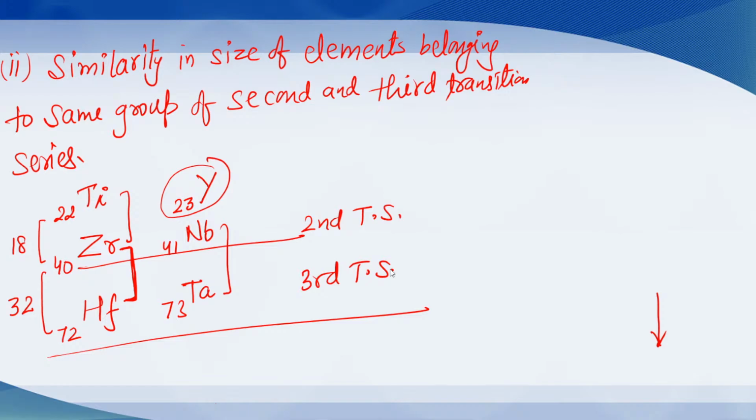So elements belonging to the same group of the second and third transition series have almost the same size, and it is due to the effect of lanthanoid contraction.